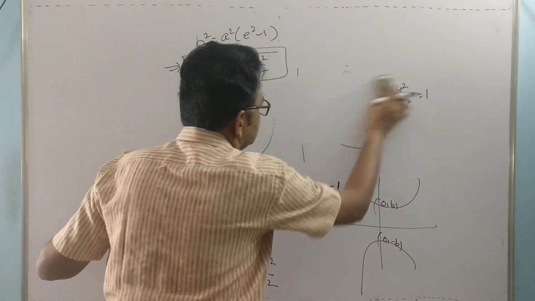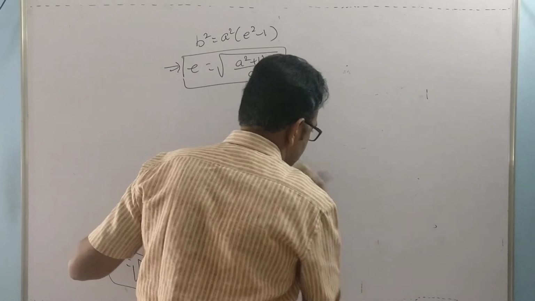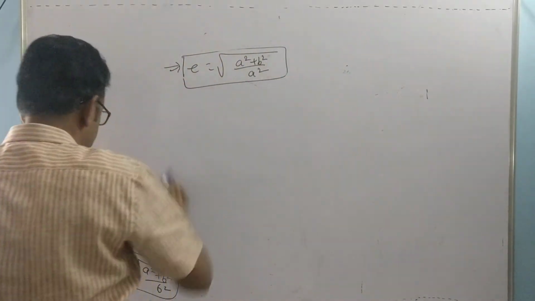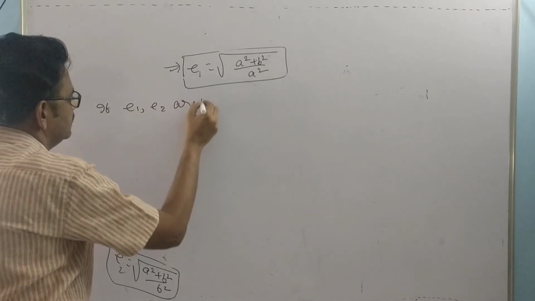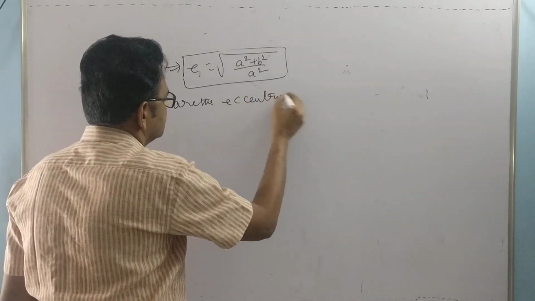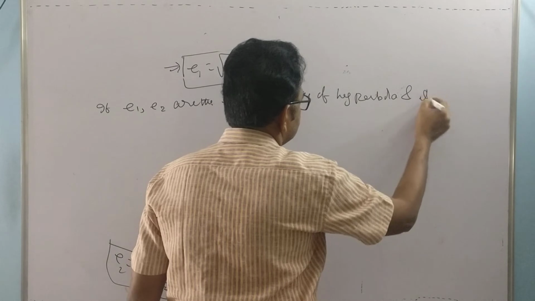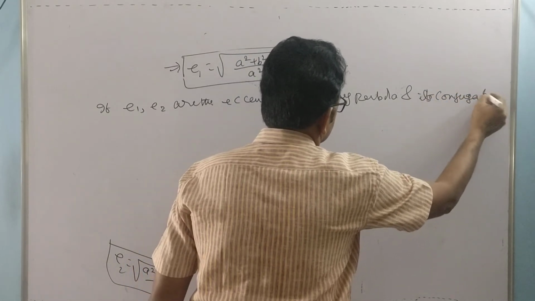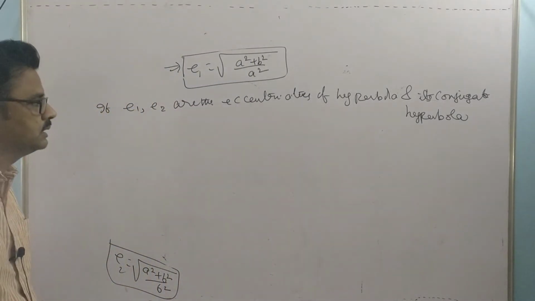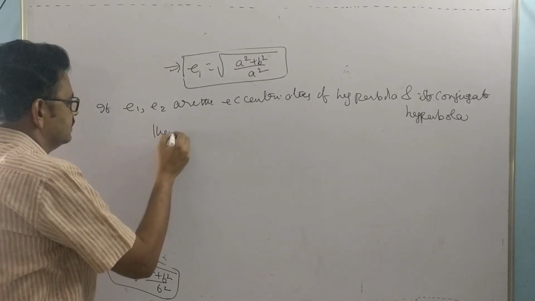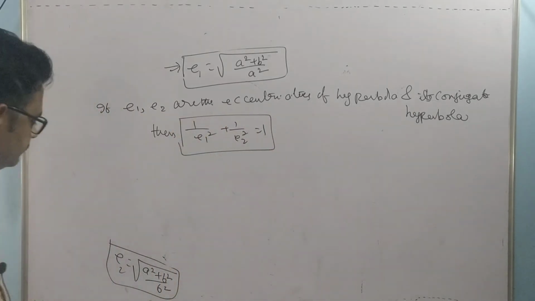At the next point, if e1, e2 are the eccentricities of the hyperbola and its conjugate hyperbola, then 1 by e1 square plus 1 by e2 square is equal to 1.